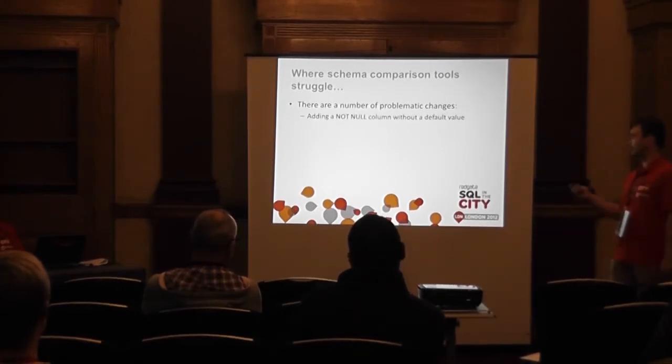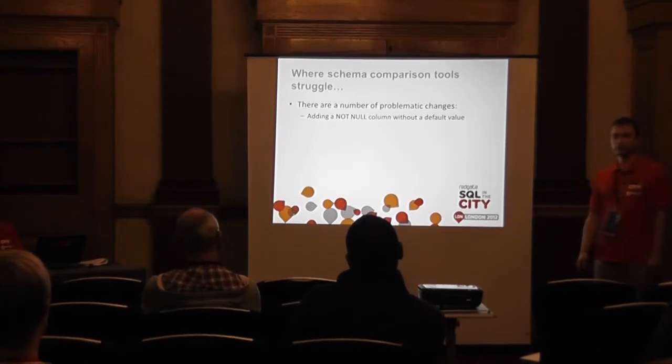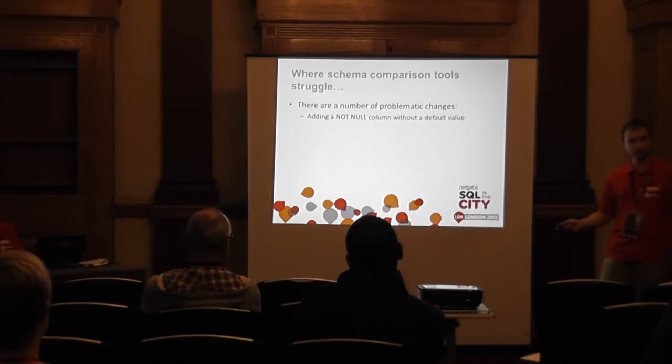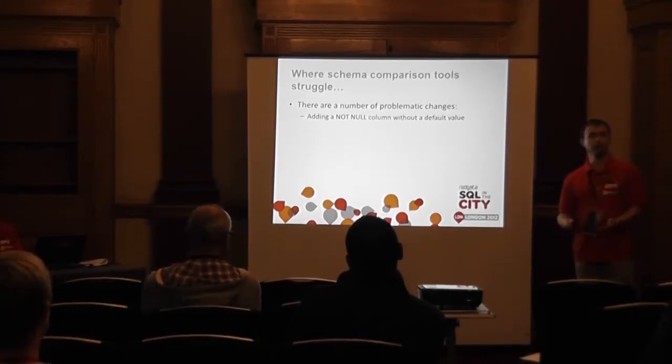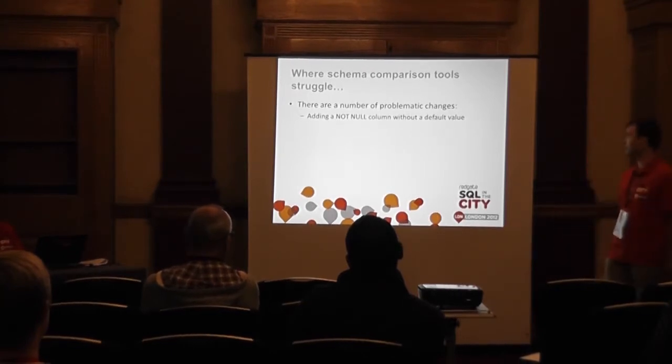But here's a typical example: if you've ever tried to add a not-null column without a default value, and you try to apply that script to a database that has data in that table, it's going to fail. It's not SQL Compare's fault, because it doesn't know how to populate that new field. You've specifically not added a default, and it can't be null.